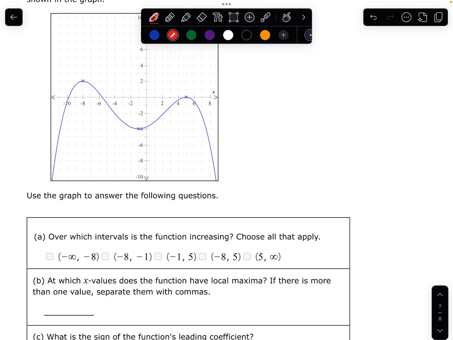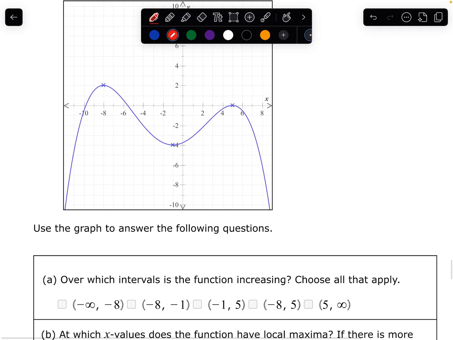So for 8, it's asking for intervals where the function is increasing. So going left to right, it goes up here. So this is an increasing interval, and this is an increasing interval right here. So what are the intervals here? So this one, if you consider that it doesn't necessarily have a left endpoint because this keeps going down.